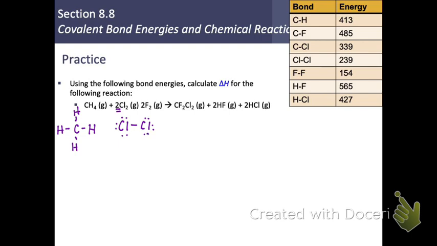Isn't F2 going to look exactly the same as Cl2? Yes. So I'm not going to bother drawing the electrons, but I've got 2 of them. Then I'm going to look at my products. I'll do those in a different color. F2Cl2. So we're going to have Cl, and I can fill in the electrons, but I don't need to. HF is very simple, just like that.